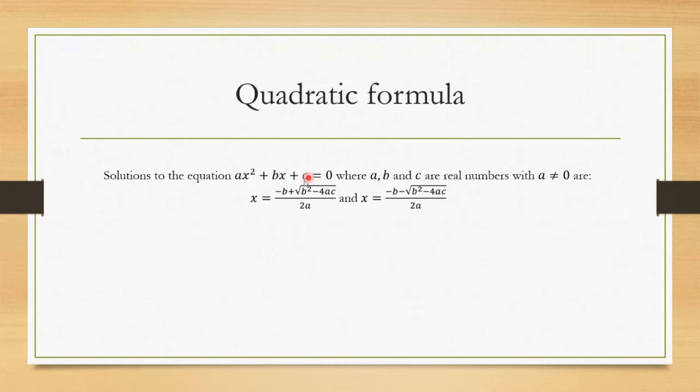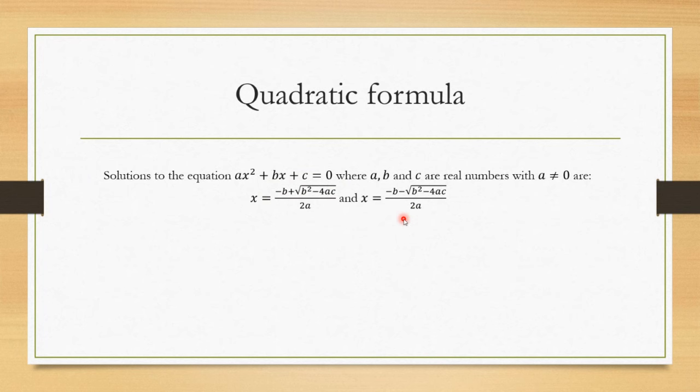So if you have the equation in this form, you have to have it in this form. That is, you have to have this equal to 0. Otherwise this formula is not going to help you. Solutions to this equation here are going to be given by this.